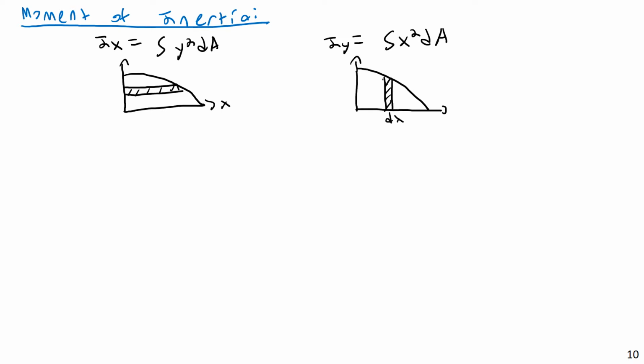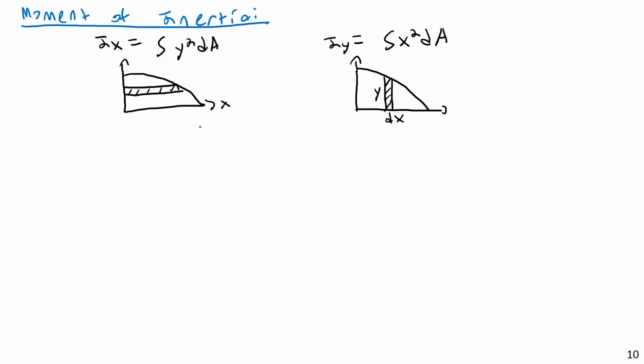This y would just be the difference in height. If this is off the axis and there was another function down here, then of course y is the difference in height between the two functions.